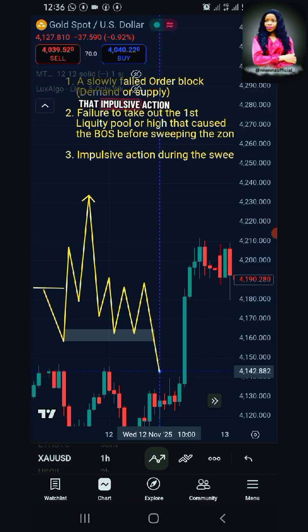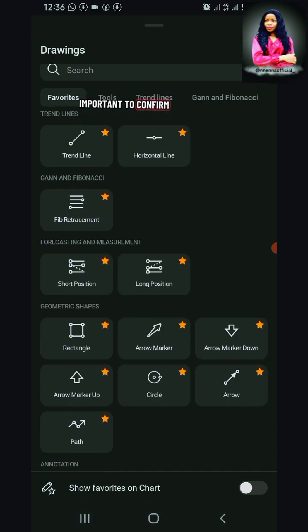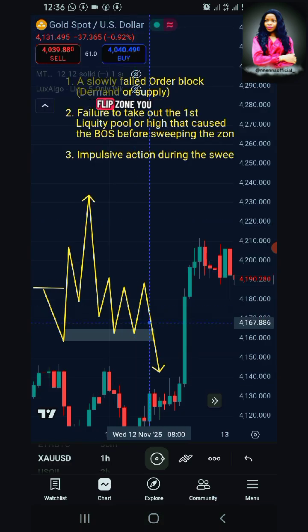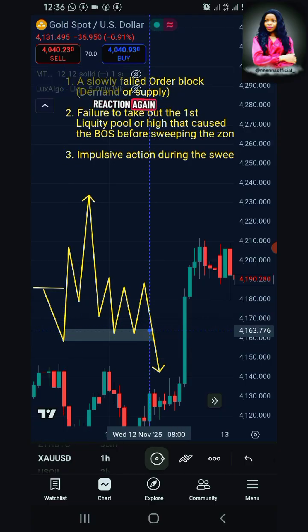That impulsive action is very, very important to confirm a high probability flip zone. You can see when it was coming down to sweep this very zone, there was no reaction again. Unlike the first and second touches where it reacted and went up, on the third one, there was no mercy. The market came and brushed it impulsively.